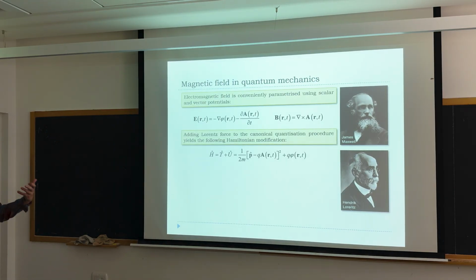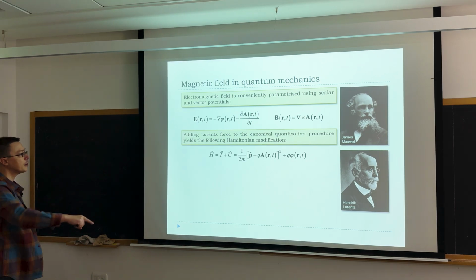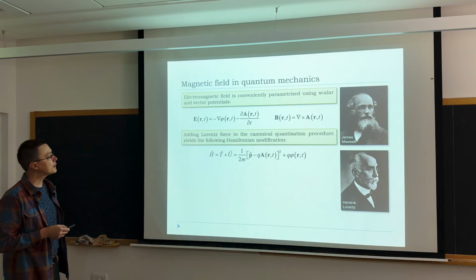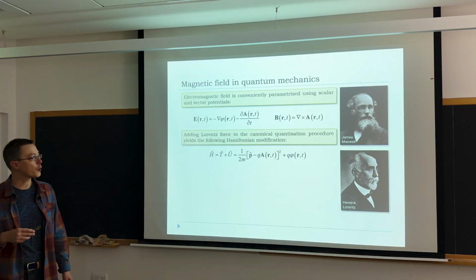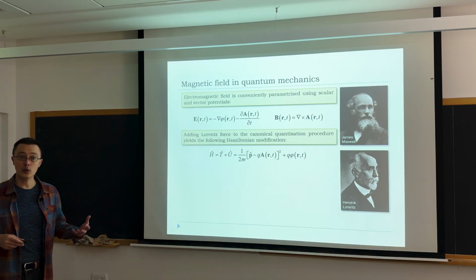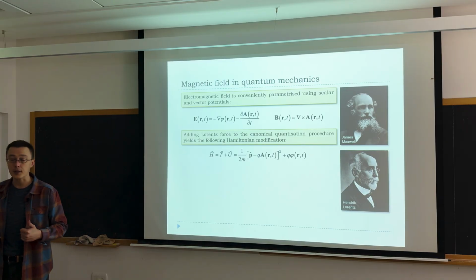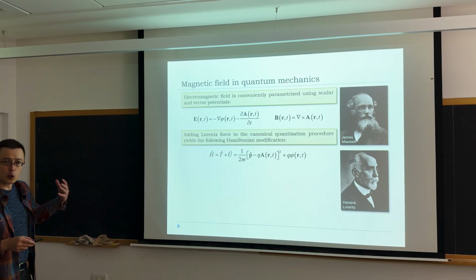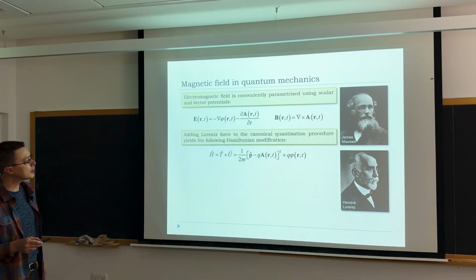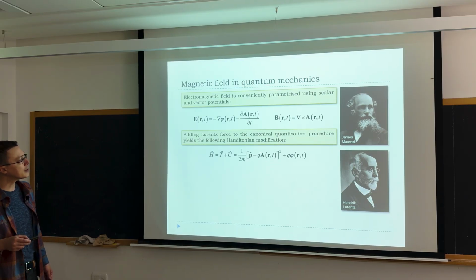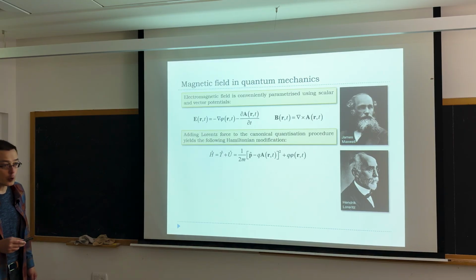When we introduce this into quantum mechanics, remember, when an electron flies through a magnetic field, it experiences a Lorentz force, and that is a correction to the momentum term in the Schrödinger equation. If you work through the mathematics of it, you get this correction. If this is the magnetic vector potential, and that's the charge of your particle, then our usual term, momentum squared over 2m, has to be modified to account for the Lorentz force.